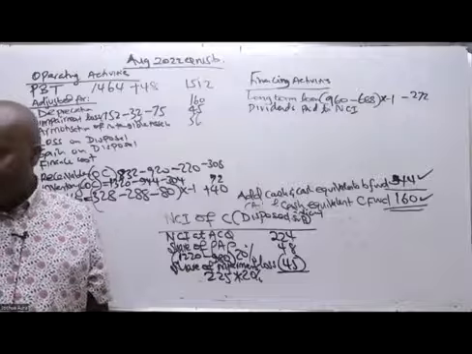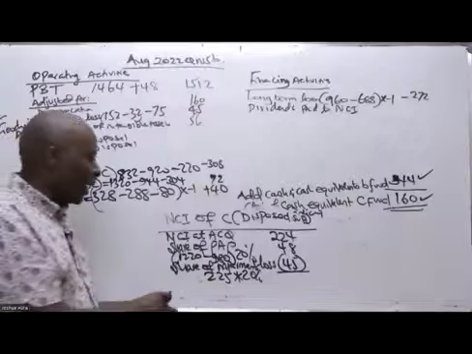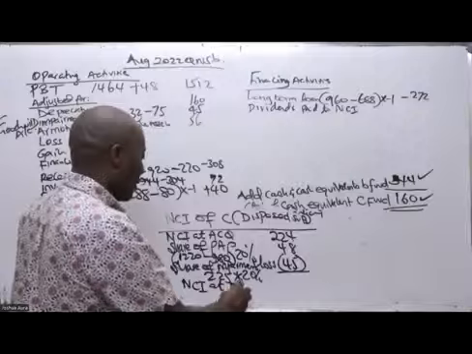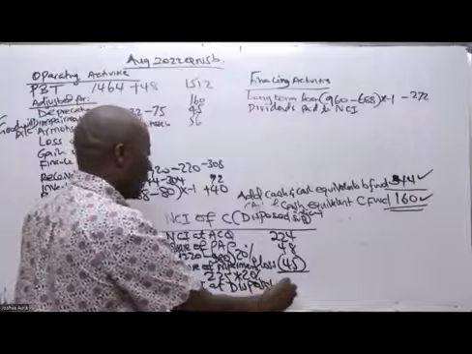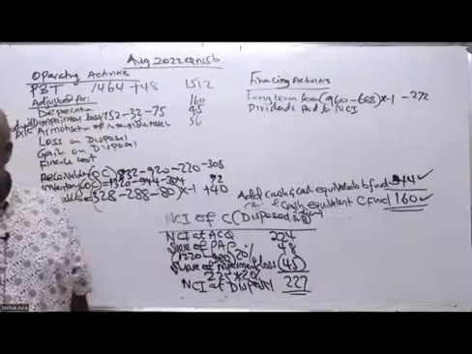NCI of C at disposal comes to how much? 227. NCI at disposal is 227.